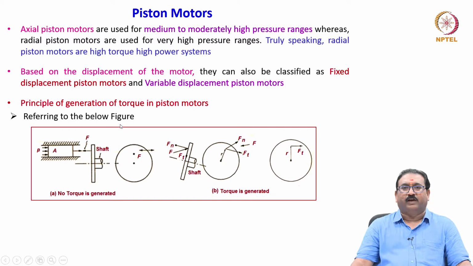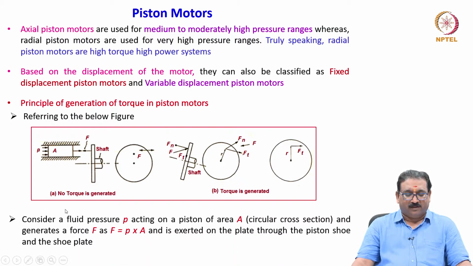Here you will be referring to the figure below. I have shown only one piston and cylinder here, and this is a shaft and flange. Consider a fluid pressure P acting on the piston area A, a circular cross section, and generating a force F, where F equals P into A, which is exerted on the plate through the piston shoe and the shoe plate.